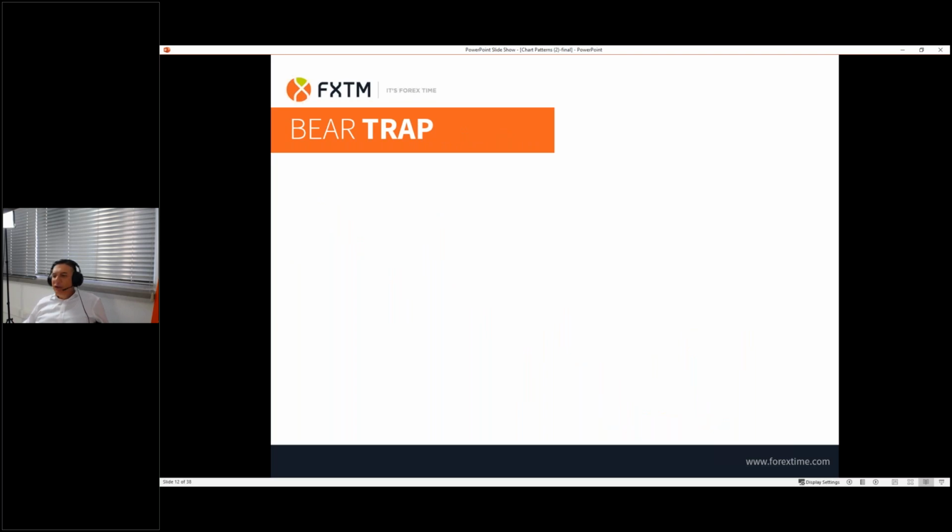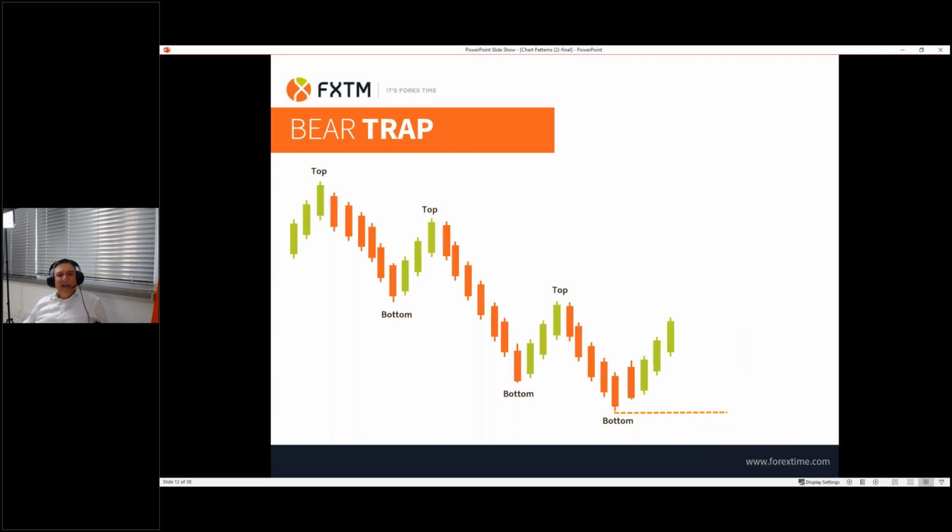We go on. Bear trap. We have a beautiful downtrend. We identify two bottoms. Prices move above the last top. So a double bottom reversal is there, is in place. And then a lot of traders will buy here.